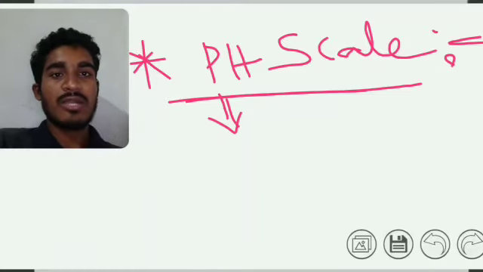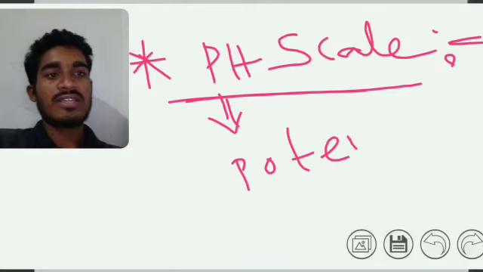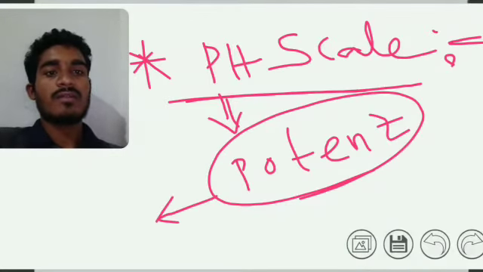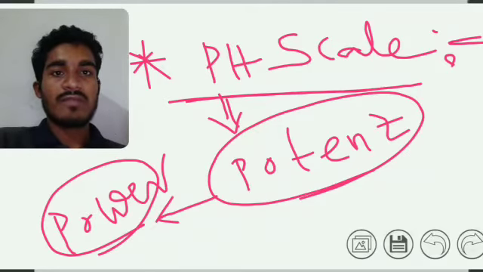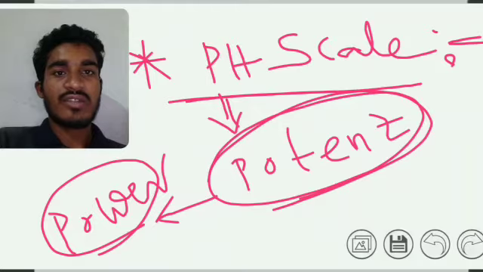In the German language, P stands for potens. Potens means power, the power of hydrogen concentration. This is a very important word for getting marks in competitive exams. So P stands for potens and means the concentration of hydrogen ions in a solution.